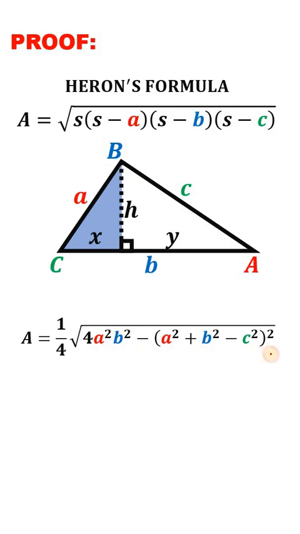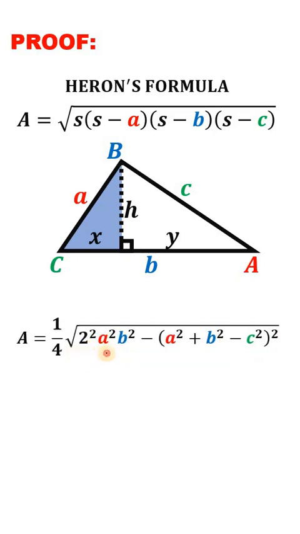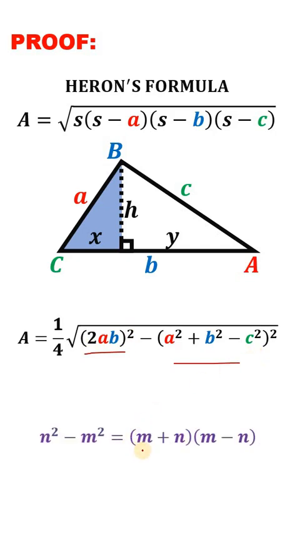Alright, now let's focus on the expression inside the radical sign. So this 4, we can rewrite as 2 raised to the power of 2. And 2 squared times a squared times b squared, we can simplify as 2ab raised to the power of 2. Now, we have a square number minus another square number, so we can use the difference of two squares.